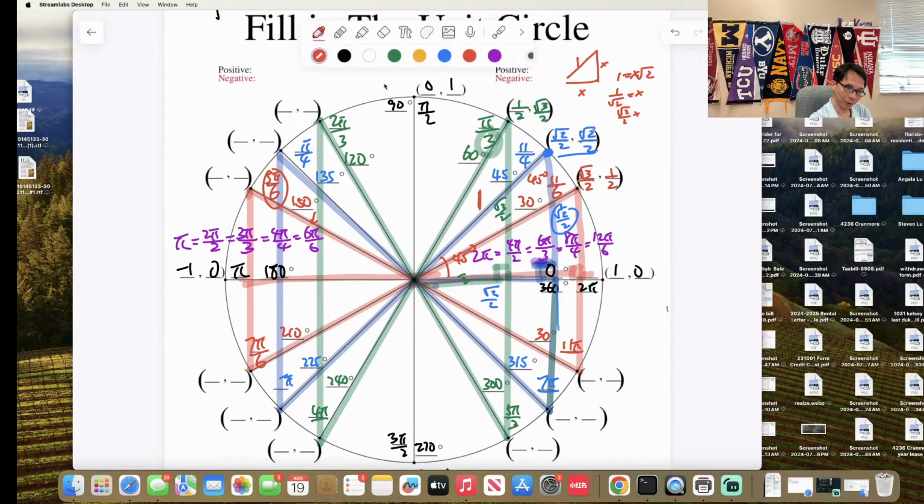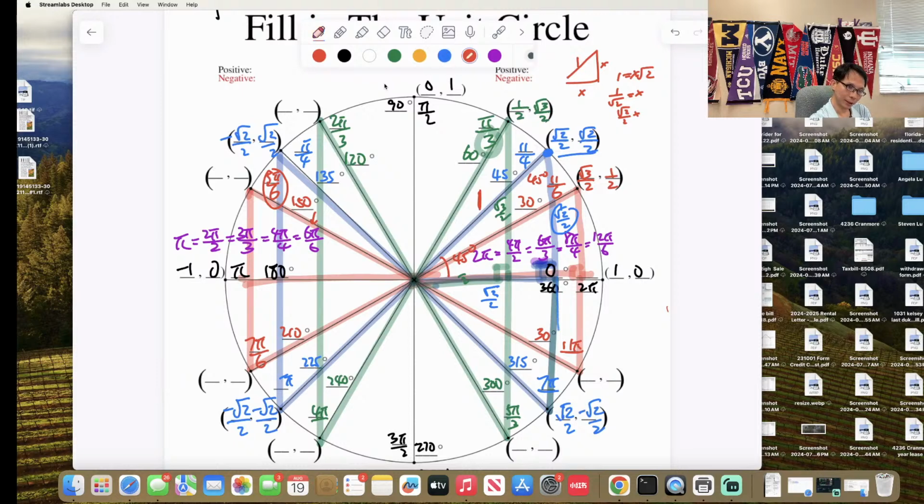So I'm going to fill in all the values. Square root 2 over 2, square root 2 over 2, but one of them is negative. This one's negative root 2 over 2, negative root 2 over 2. And this one is root 2 over 2, and this one's root 2 over 2, and this one is negative.